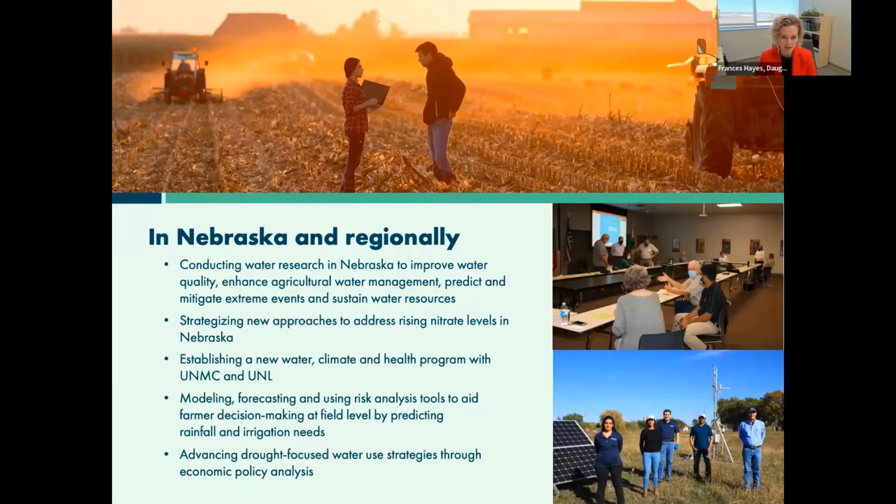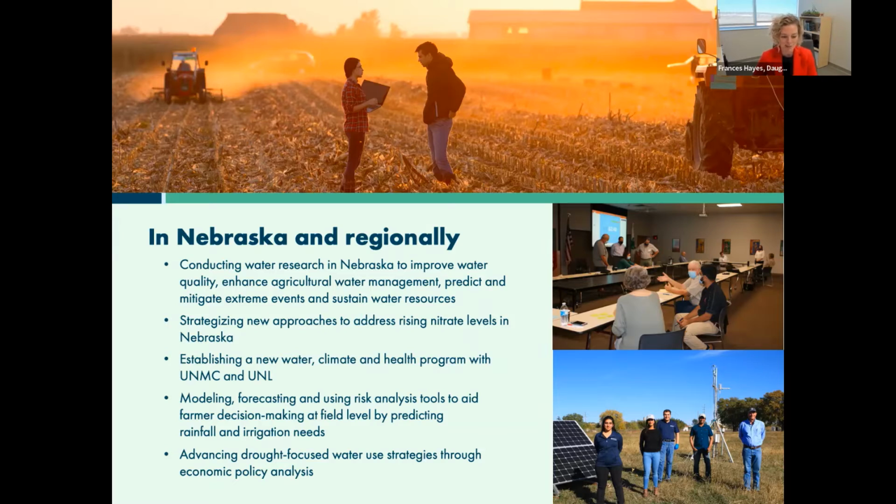So here's some of the work that we do in Nebraska and regionally. We work closely with policymakers and growers here locally, addressing rising nitrate levels in Nebraska within our water, and how do we continue to grow food and raise cattle and those type of things, but also maintain our water quality, because we're really lucky here in Nebraska that we sit on an aquifer, but we want to make sure that we keep it usable and full.